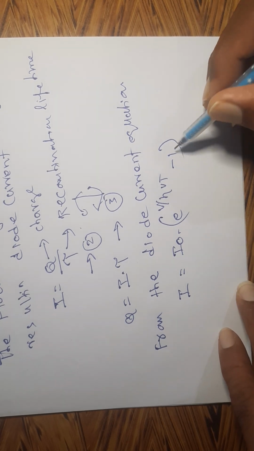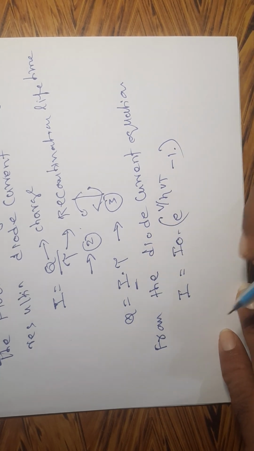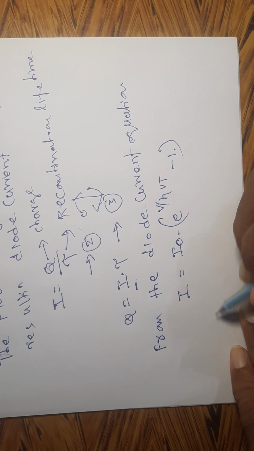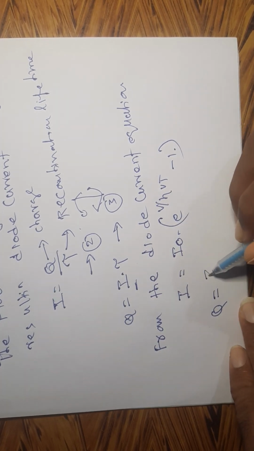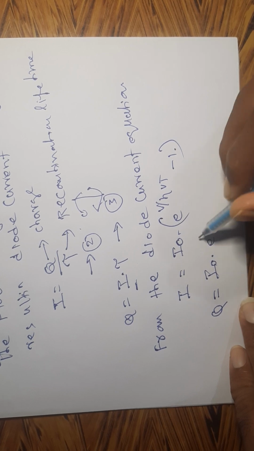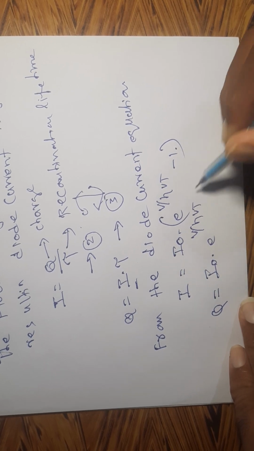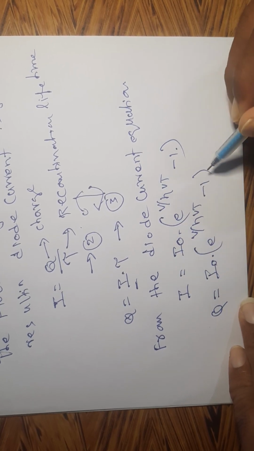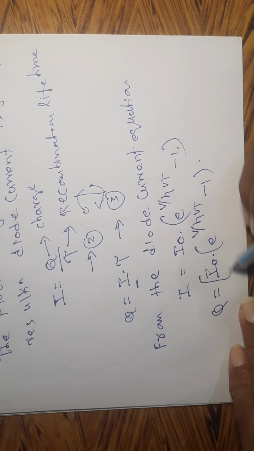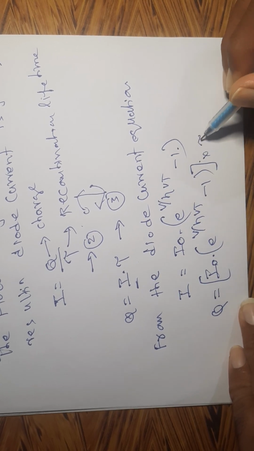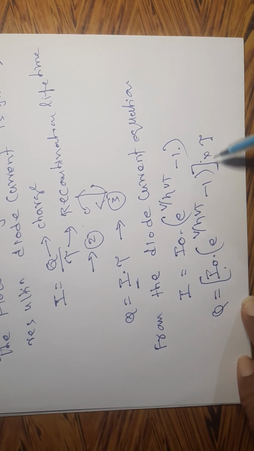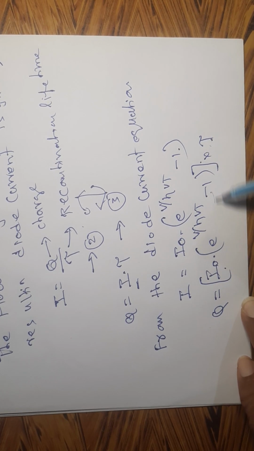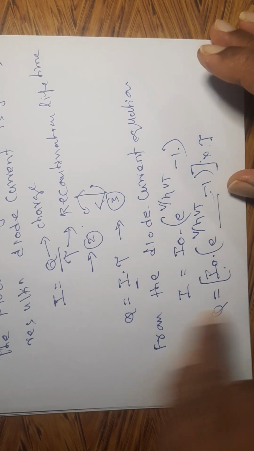Now substitute this equation in place of I. So q equals I naught into e power v by eta vt minus 1, into tau. Now tau and I naught multiply with this term.